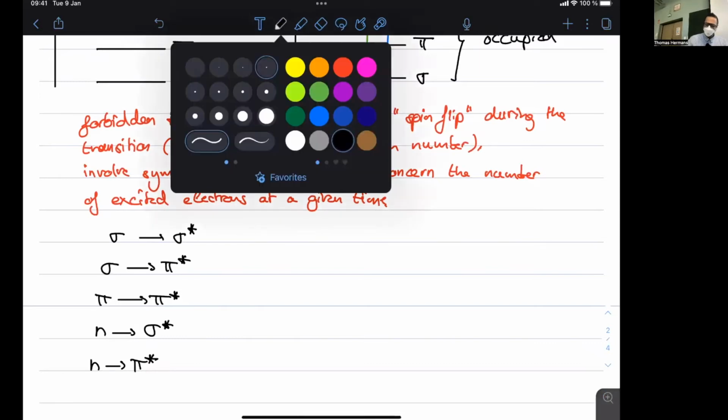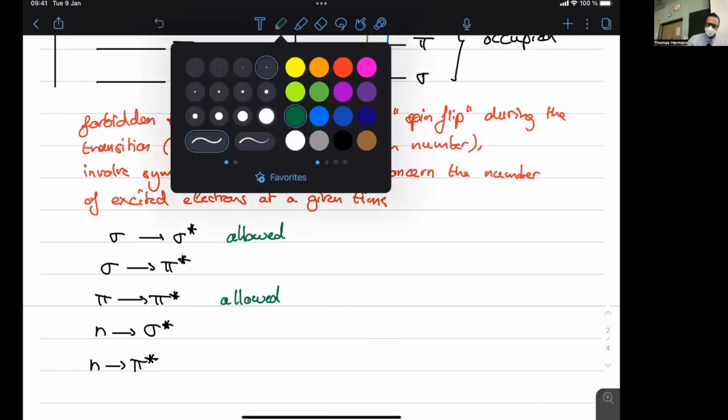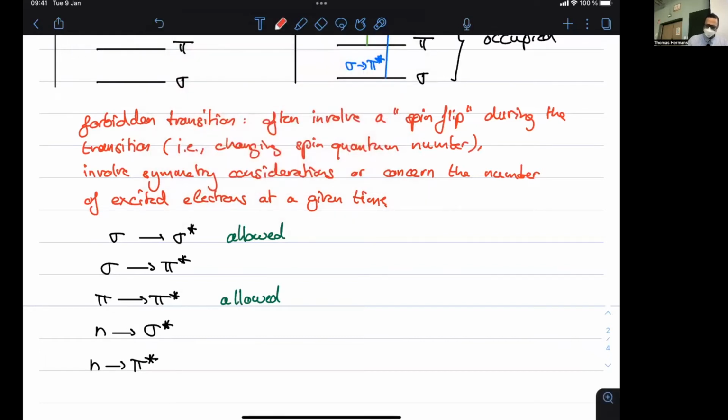Okay, so only two of those are allowed. This one and the pi to pi star. The rest are forbidden.